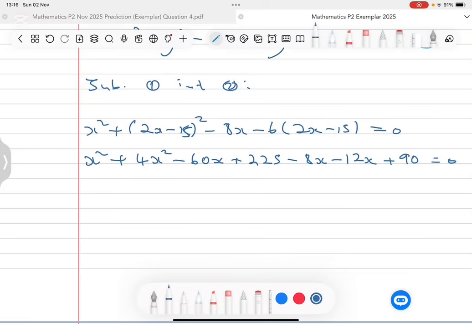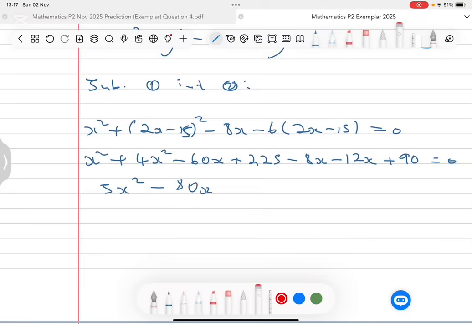Then here I group the like terms. I'm going to focus on my x squared and x squared. I can see that here I'm going to have a 5x squared. Then I'm going to focus on the x and its coefficient, which basically I'm saying negative 60, negative 8. That's 68. Then 68 plus 12, it should give me an 80. So that is negative 80x there.